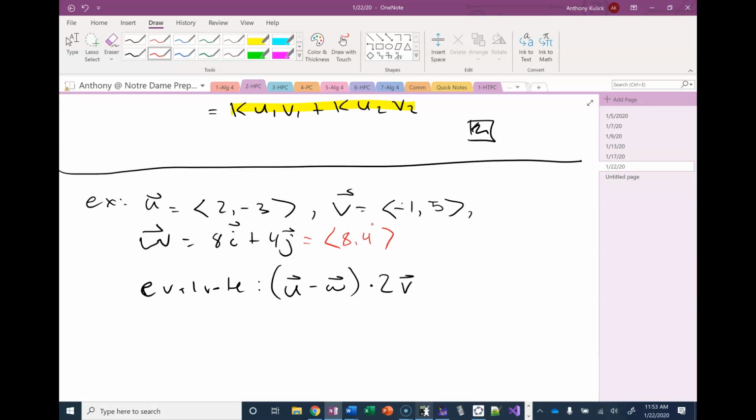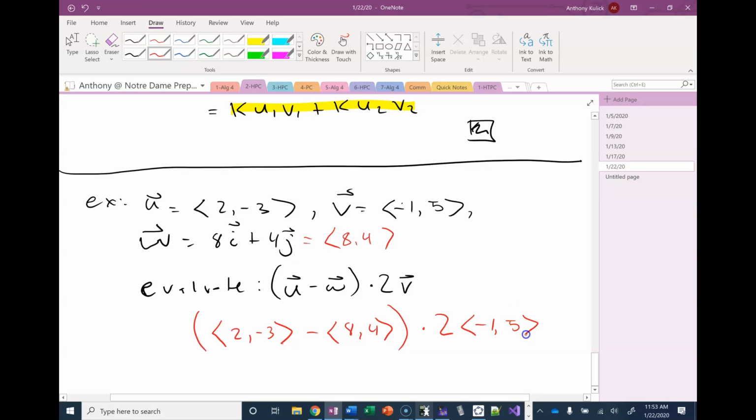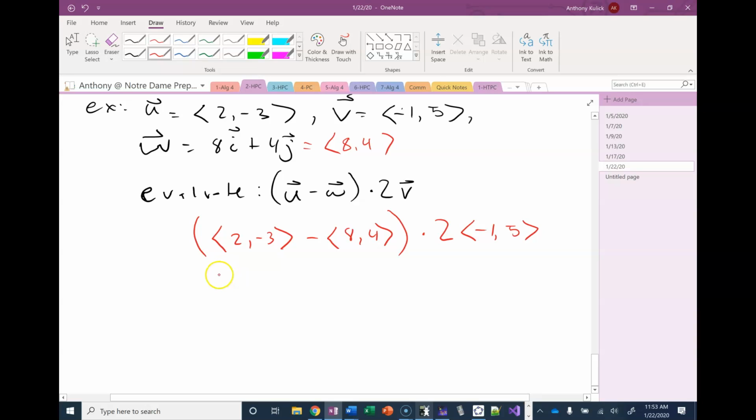That's it. So when I fill this in, I have U minus W dot 2V. Okay. So order of operations says the first thing I should do is the subtraction.